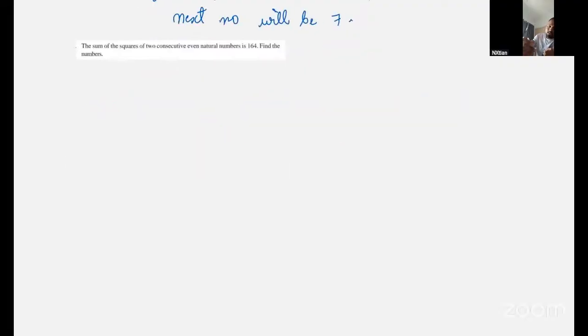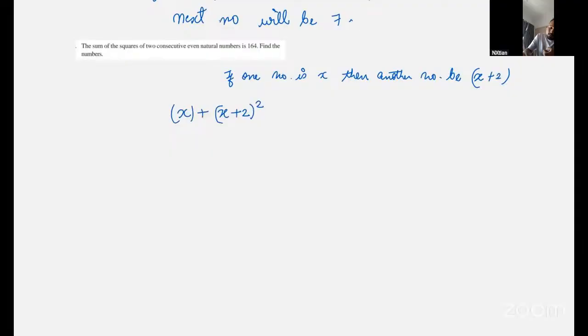So if one number is x, then another number will be x plus 2, because they're asking for even numbers. So the sum of the squares is 164.